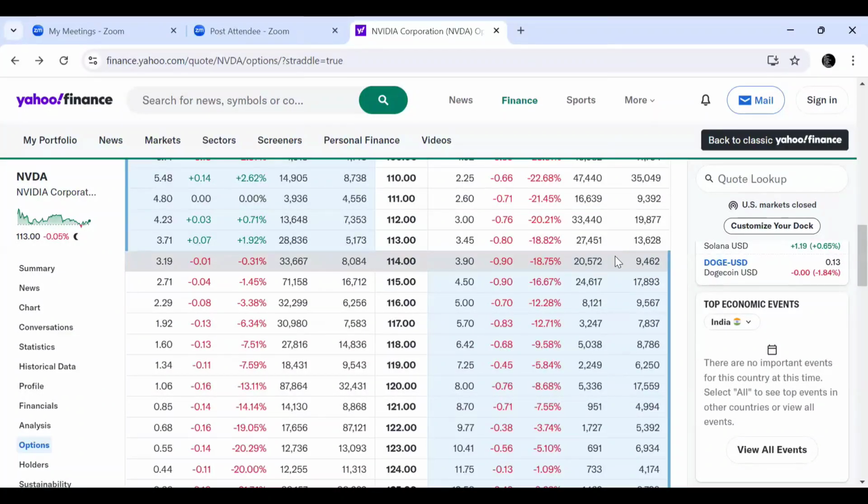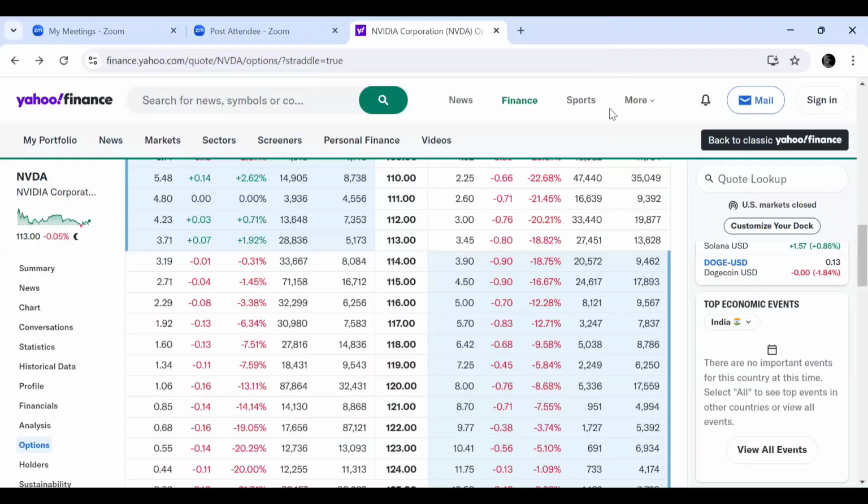So, if the open interest in call options is more on the call side, more on the OTM side, it indicates bullish sentiment.